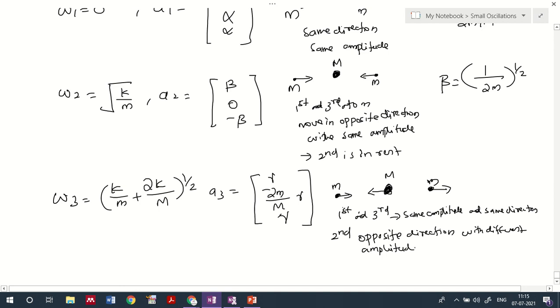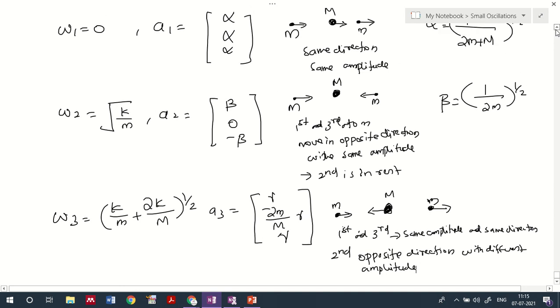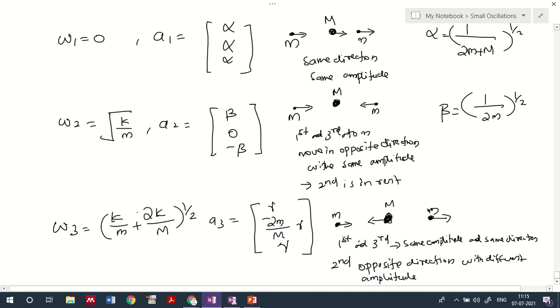This is the total inference we can get from the entire details we have done so far. For omega 1, omega 2, omega 3, if the triatomic molecule is vibrating with these frequencies, this is the inference we will be getting, where gamma is 2m over (M plus 2m), all raised to 1 by 2.